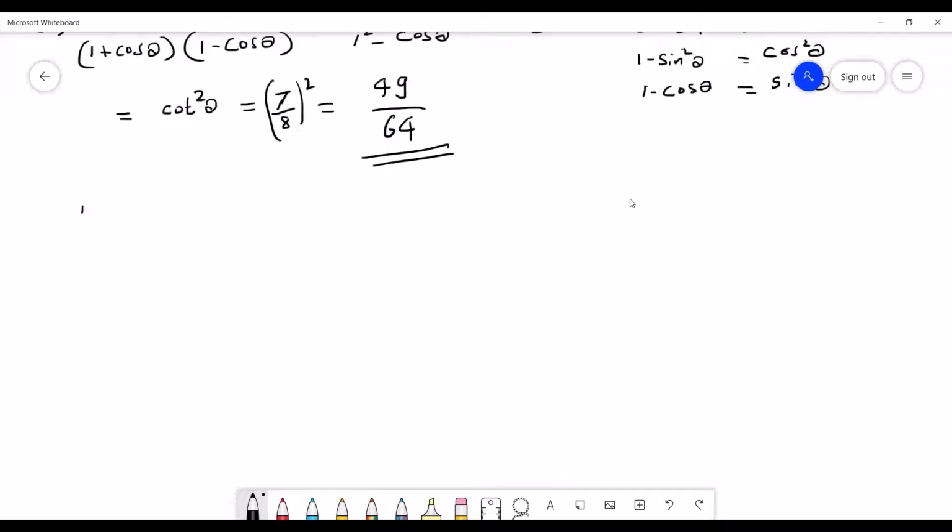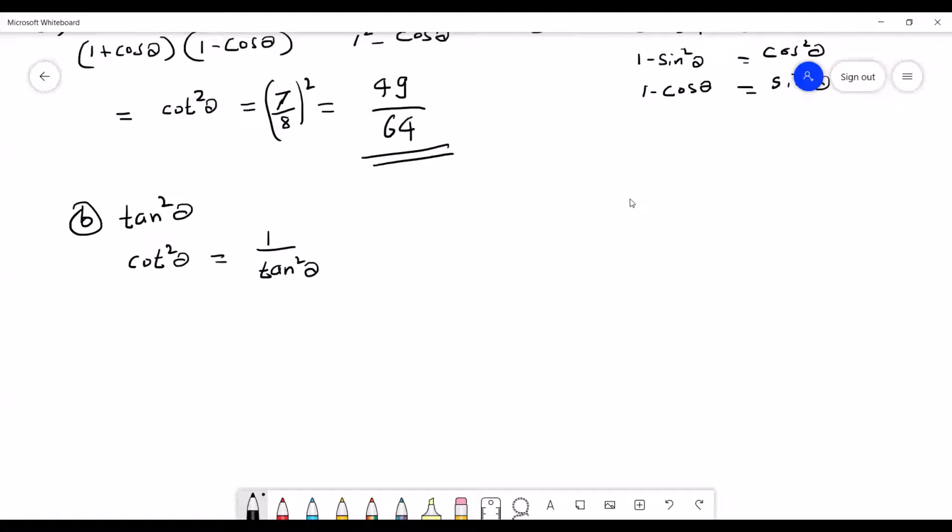Now in B, we have to find out tan square theta. We know cot theta is 1 by tan theta, so cot square theta is 1 upon tan square theta. In that way, we can find it.